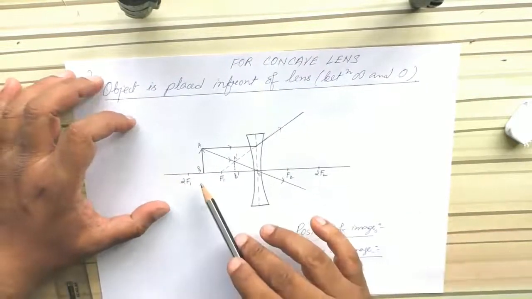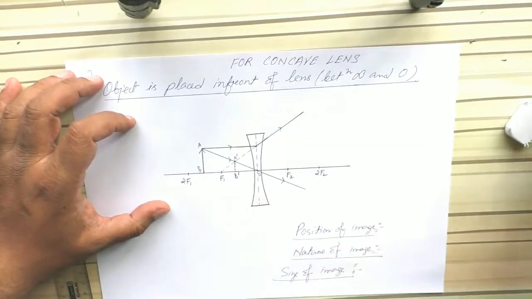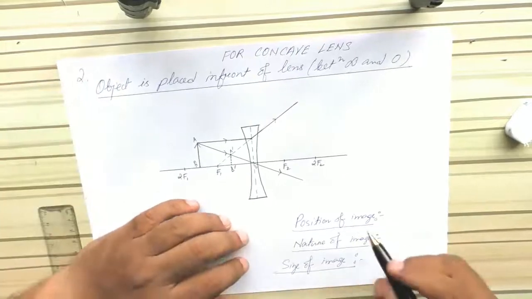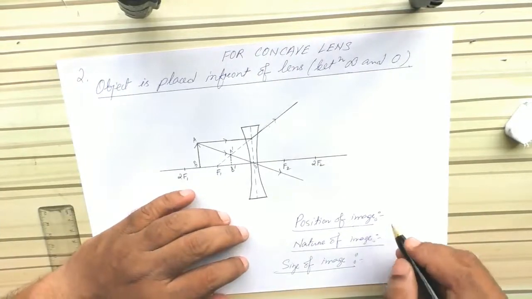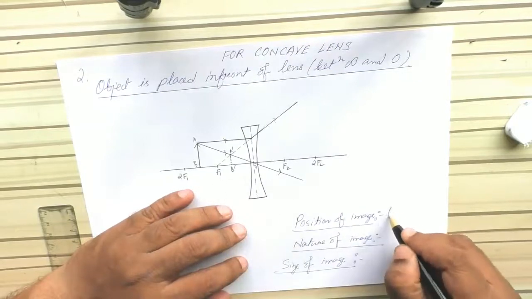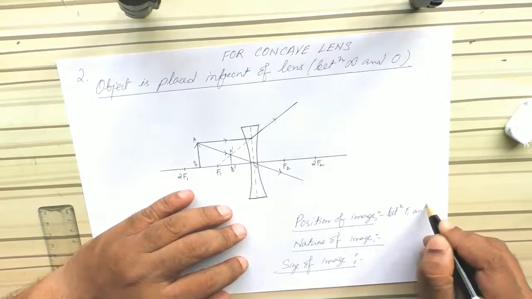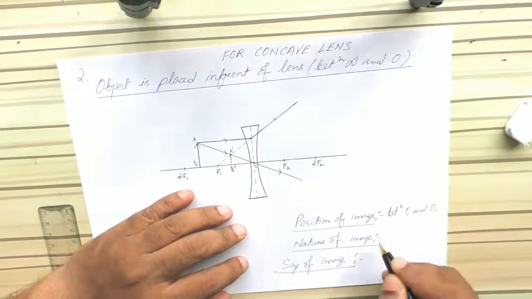So AB is the object, A dash, B dash is the image, the virtual erect image formed here. So if I ask you what is the position of image, position of image is between f1 and optical center.